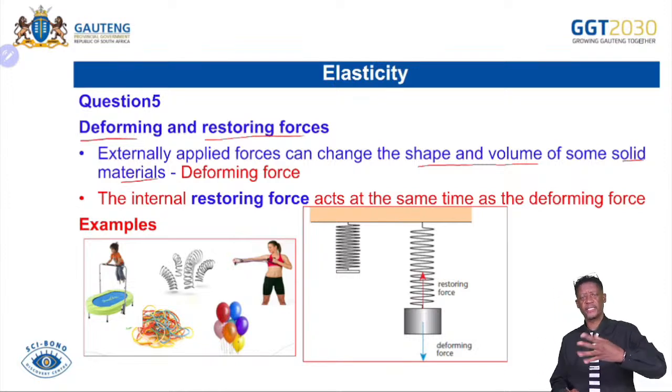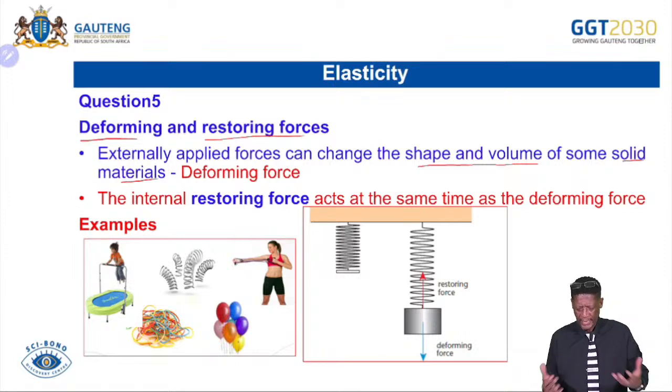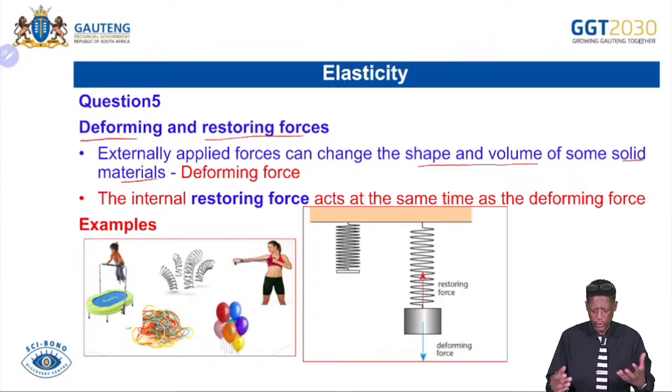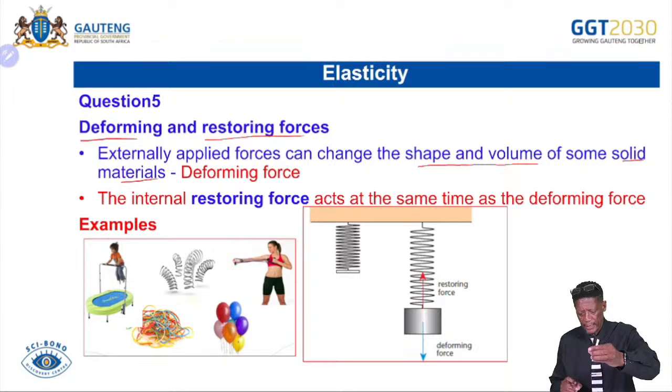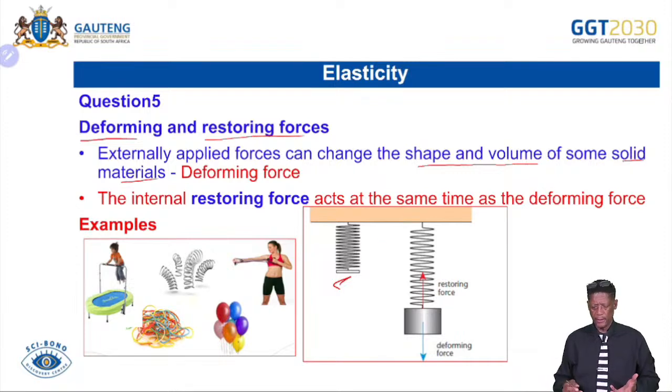Restoring: when I release the force, the object goes back to its original shape. So that is restoring, right? So those are the definitions that you need to know. These are the examples. If I pull the string downwards, the string is going to expand. That is a deformation. If I leave it, it goes back to its original, then it's a restoring force, right?